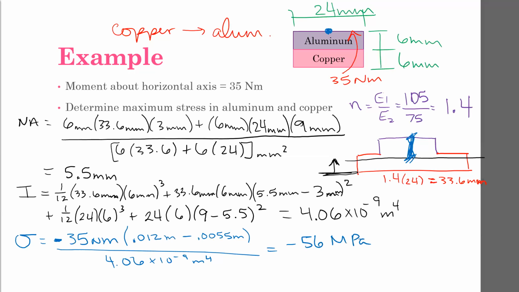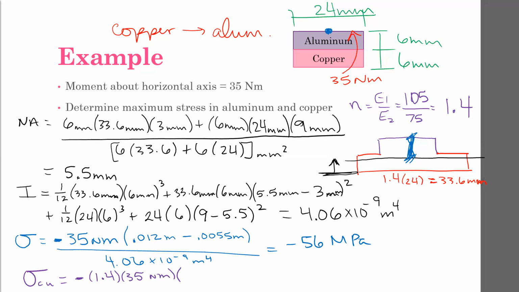But now if we want the stress, so that was aluminum. If we want the stress in the copper, okay, so now we need to include n. So we'll sneak in this 1.4. Stress is 35 Newton meters.